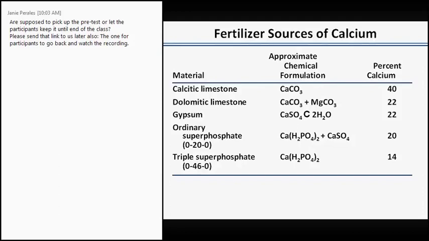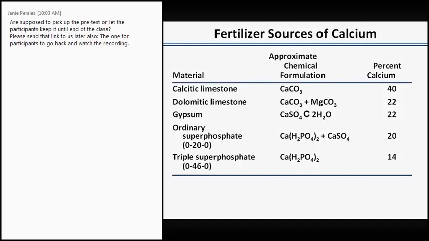Gypsum, calcium sulfate. That C that's in the middle there should be a dot. I apologize again, translating from my PowerPoint to Joe's, we went to a C. So that should be a dot. So there's calcium sulfate with two waters associated with it.